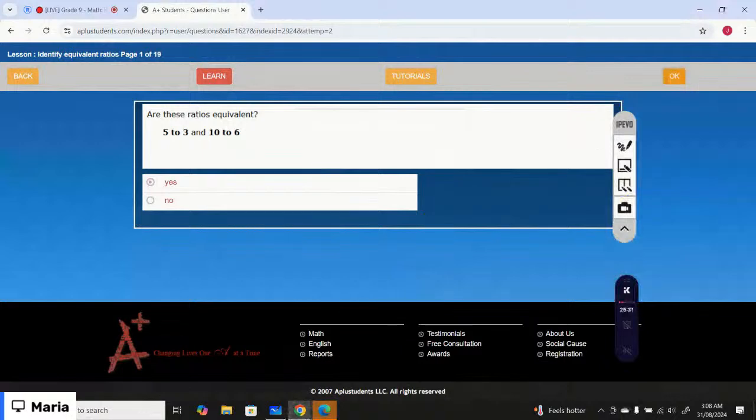Okay, the next one is, are these ratios equivalent? 2 to 1 and 20 to 1? So which is the correct option?